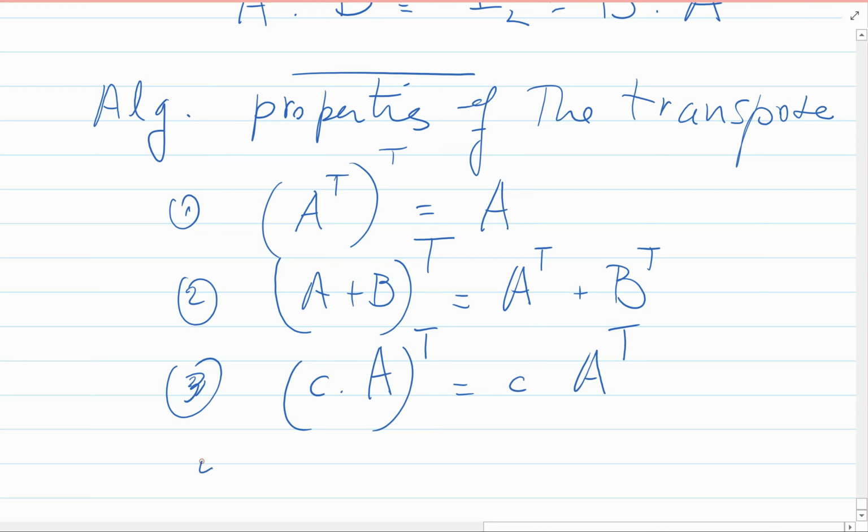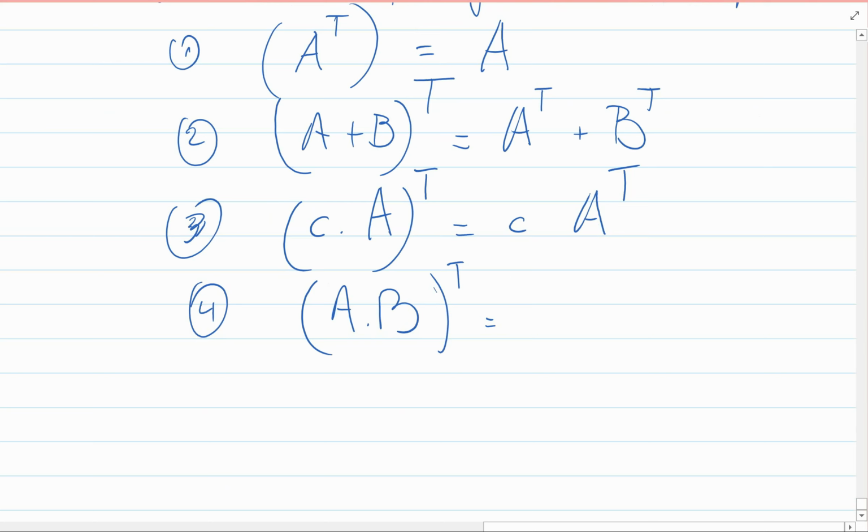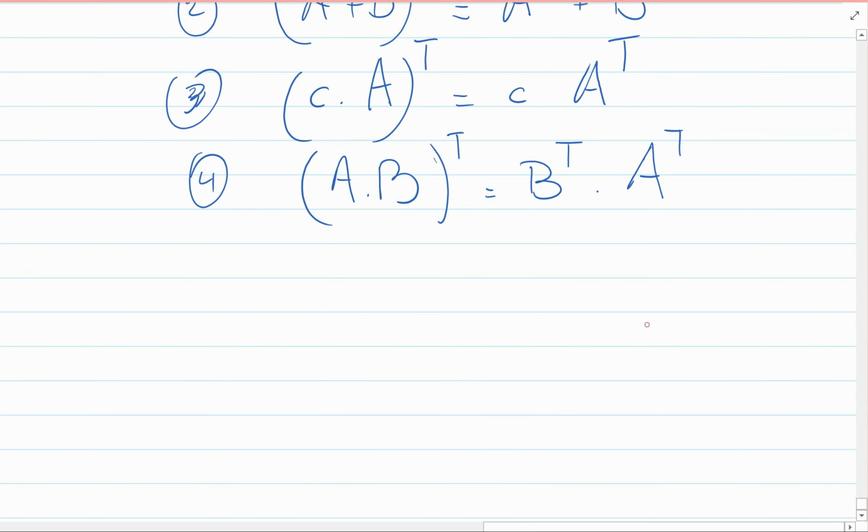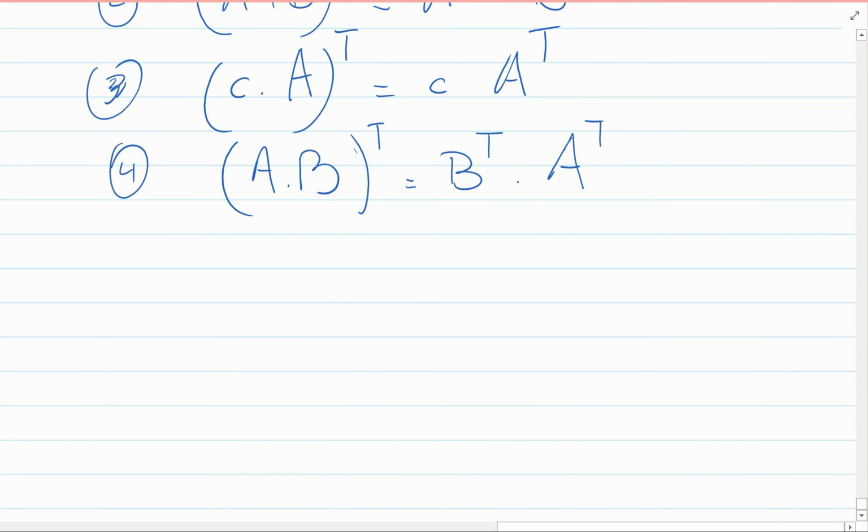The hardest one is this one: what is the transpose of A times B? This is a little bit tricky, but not that hard. Let me just tell you it's B transpose times A transpose. It's very simple to see a little bit why. It's not easy to prove, but let me tell you that it's not A transpose times B transpose.